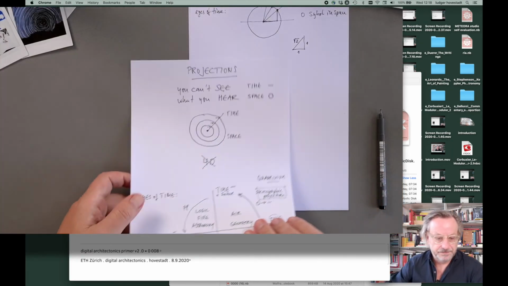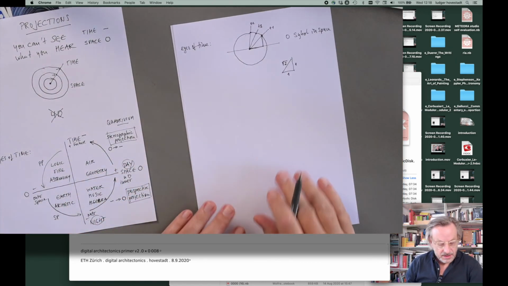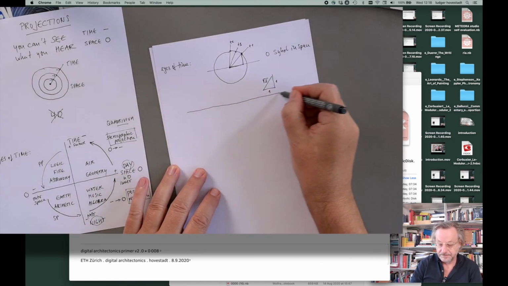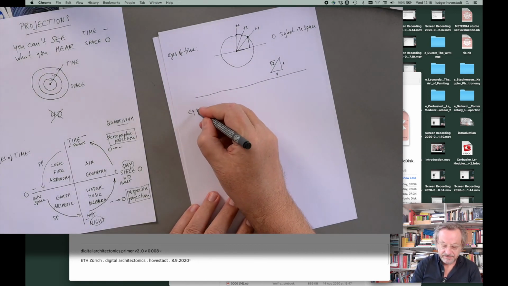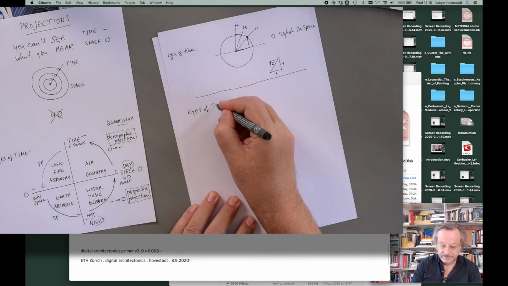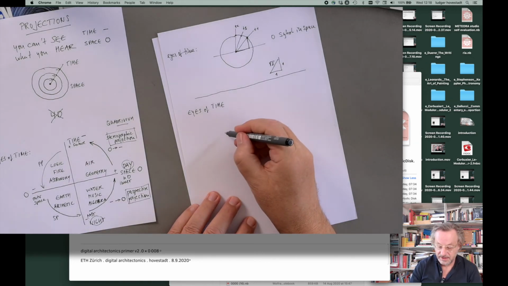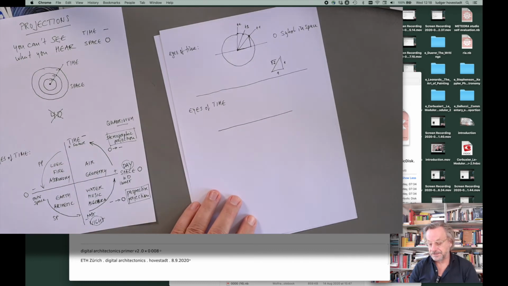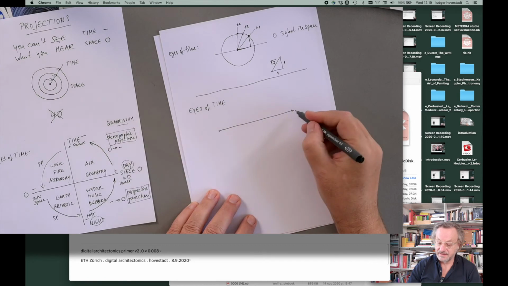Now, again, with the eye of time, just to give you more how this works and why this is powerful. Again, with the eye of time, if we look at space like this, so this, for example, is the timeline, past, future.